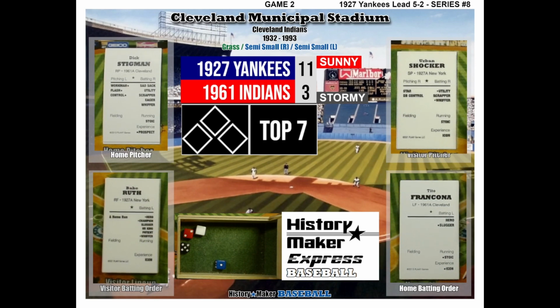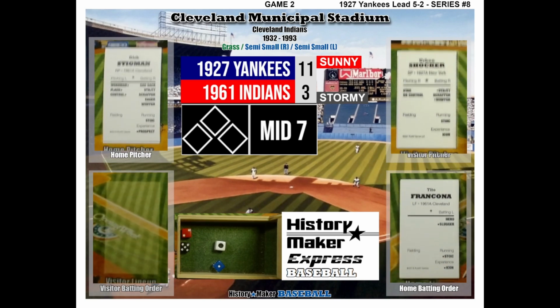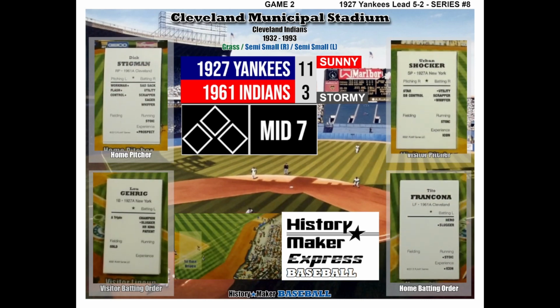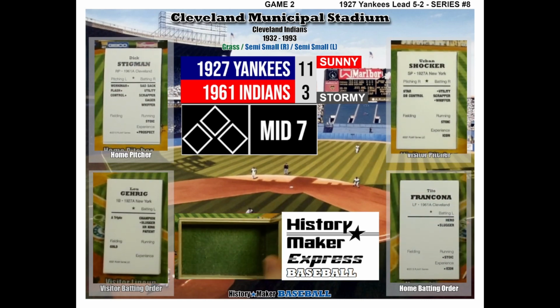Well, again, Stigman is the bullpen hero, so he is fresh. Is Babe Ruth a champion batter? He's a semi-champion. The decider die says he is not. So that is going to be a no runs result of 2 dots. And that'll take us to the stretch with the score 1927 Yankees 11 and the 1961 Indians 3.